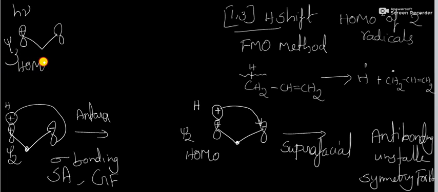So its symmetry will be plus minus plus. And this is our hydrogen having spherically symmetrical, positive symmetry. Then suprafacial migration, plus plus. It is symmetrically allowed. Sigma bond formation and it is symmetrically allowed.